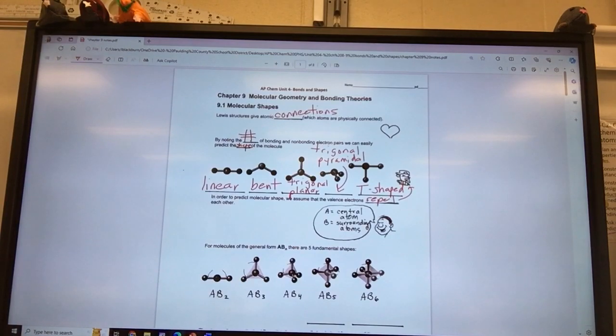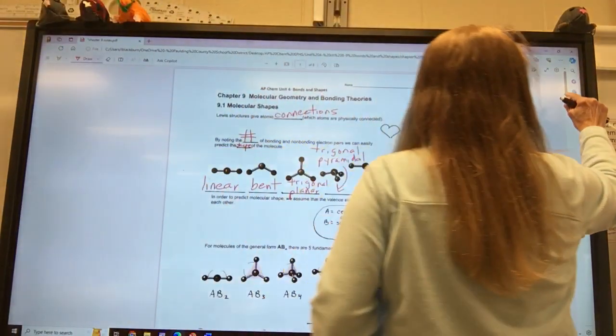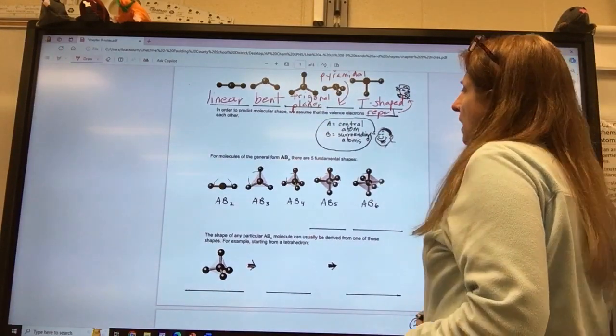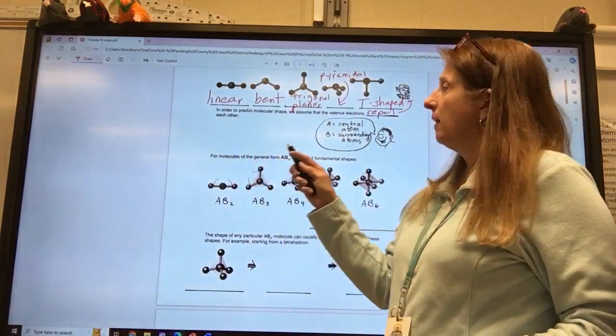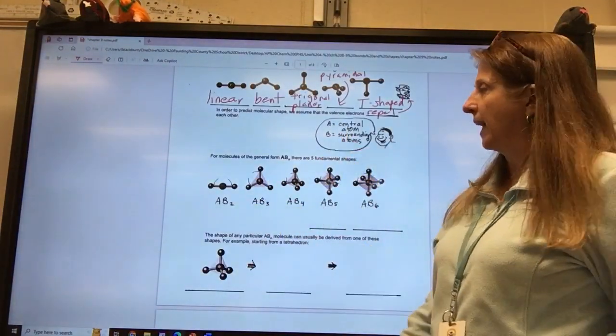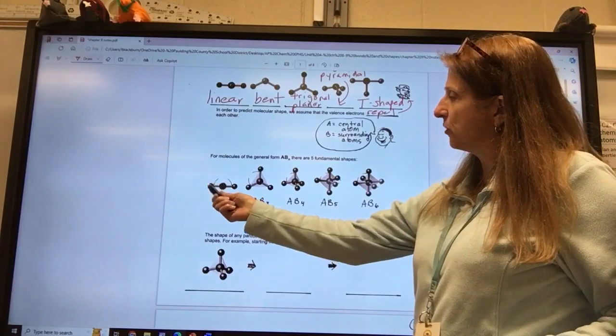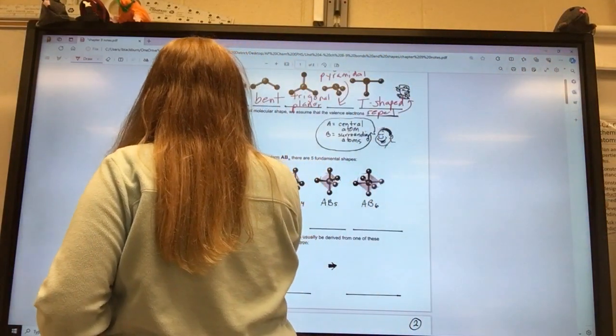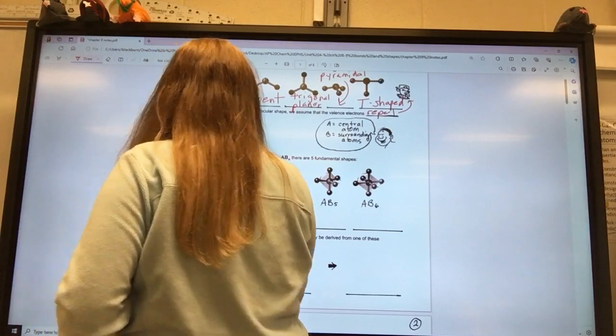And now we're going to talk about the bond angles. So here, the A is the central atom and B is the surrounding atoms. So here we have one central atom and 2 surrounding ones, and our angle, y'all already said, is 180 degrees.